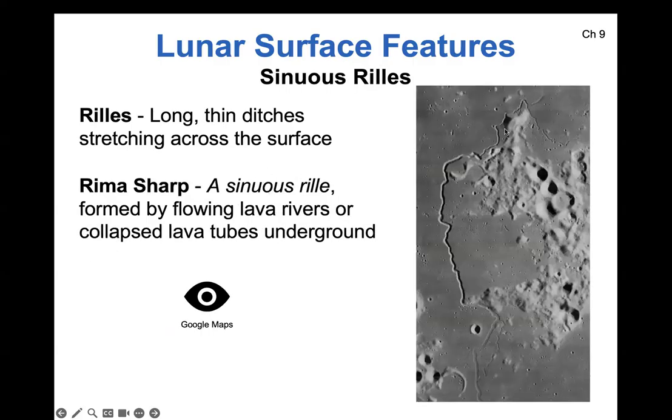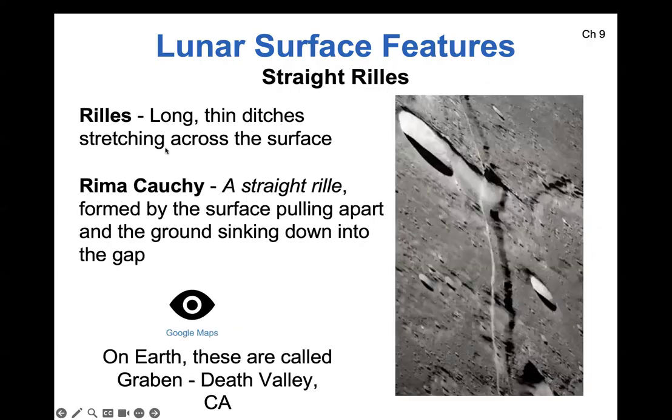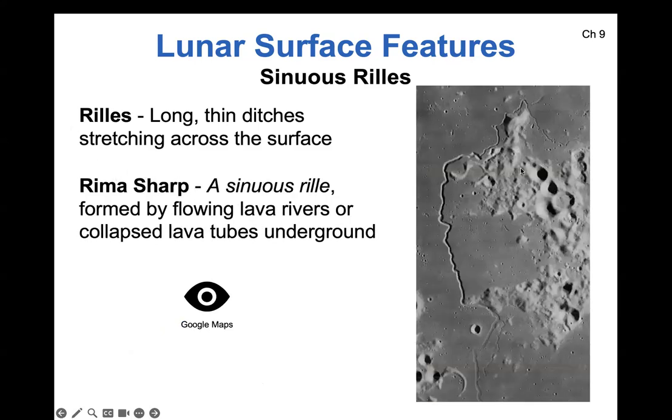All right. Here's another one, the Rima Sharp, a sinuous rille. This one was formed by flowing lava rivers or perhaps collapsing lava tubes underground. So although the name rille is given to both the Rima Cauchy and the Rima Sharp, which is the opposite of sharp, right?